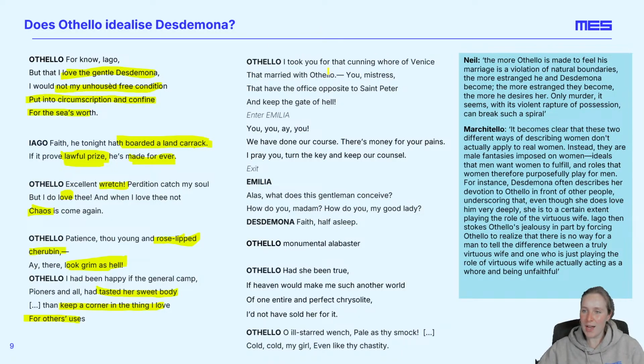Othello also says to her, "I took you for that cunning whore of Venice that married with Othello. You, mistress, that have the office opposite to Saint Peter and keep the gate of hell." Here he is in this very strange little mini scene, describing Desdemona as a famous sex worker in Venice and Emilia as her pimp.